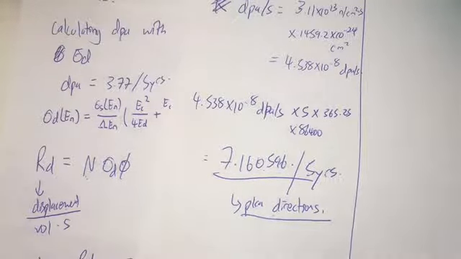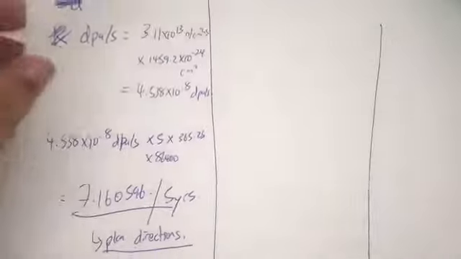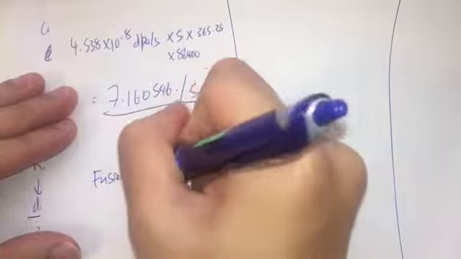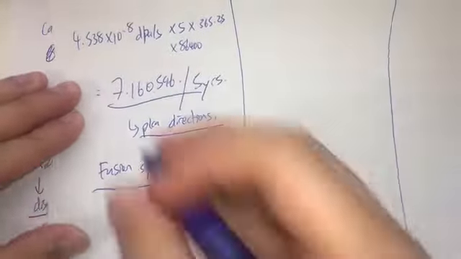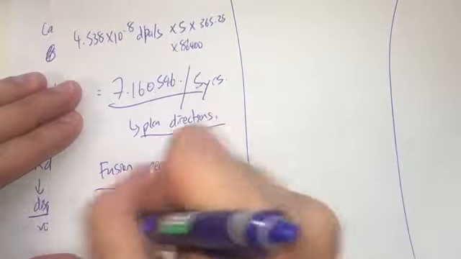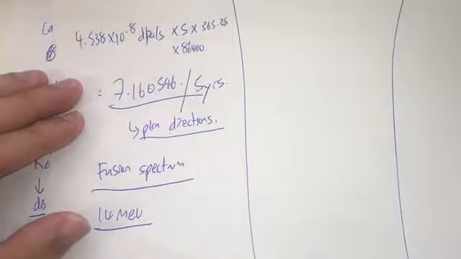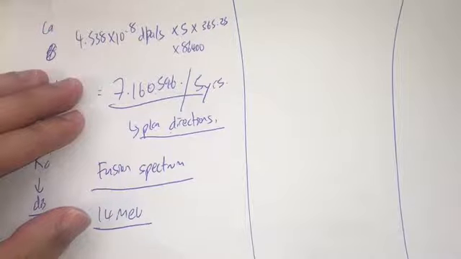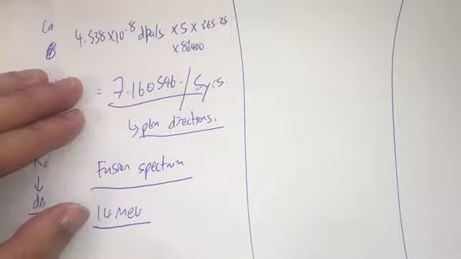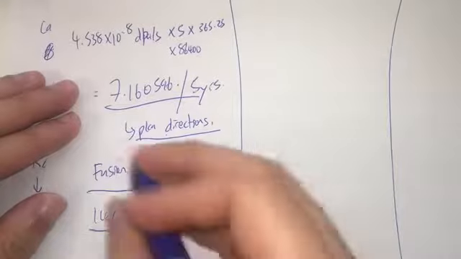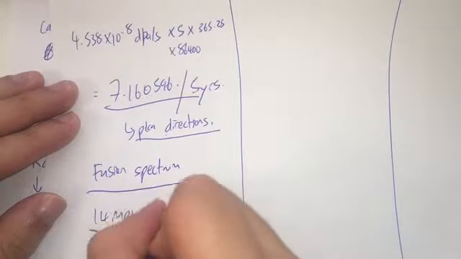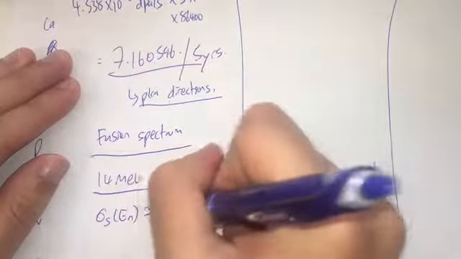Now, just for interest, let's take a look at the fusion spectrum as well. Okay, let's assume they all come in at 14 MeV, and then we find that sigma scattering is about 2 barns.